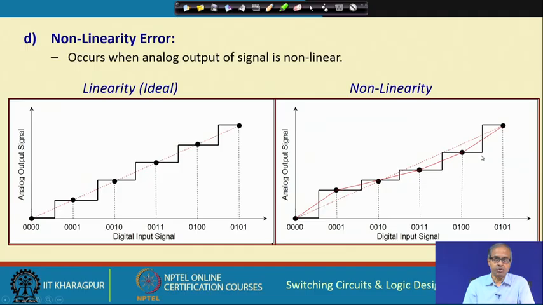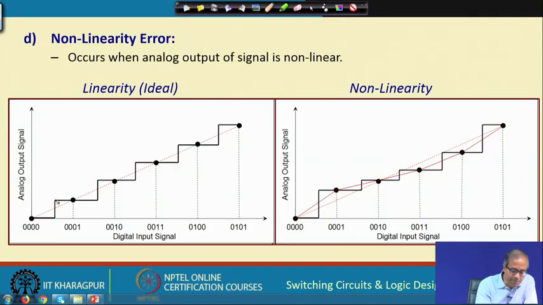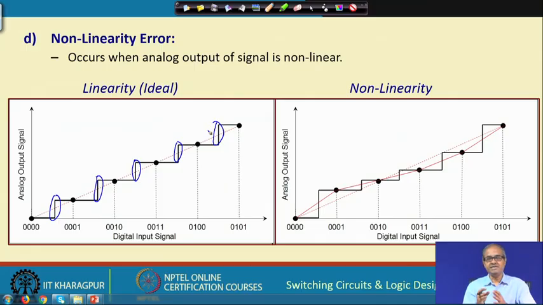Then comes nonlinearity. For a DA converter we said that the step height should be the same. So, this is the ideal scenario, where all step heights are exactly the same. But you will see later that DA converters can be designed using resistances. Now, if the value of some resistances change due to fabrication defect or some other design error, what might happen?